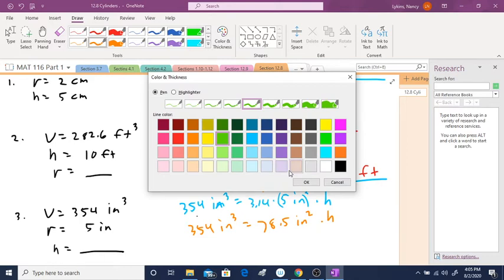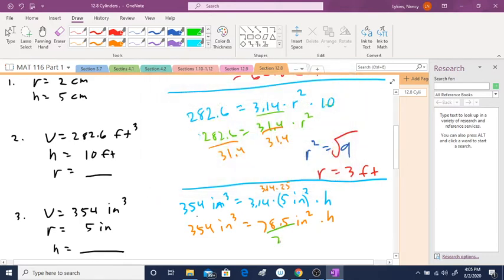My final step is to divide by 78.5 on both sides.